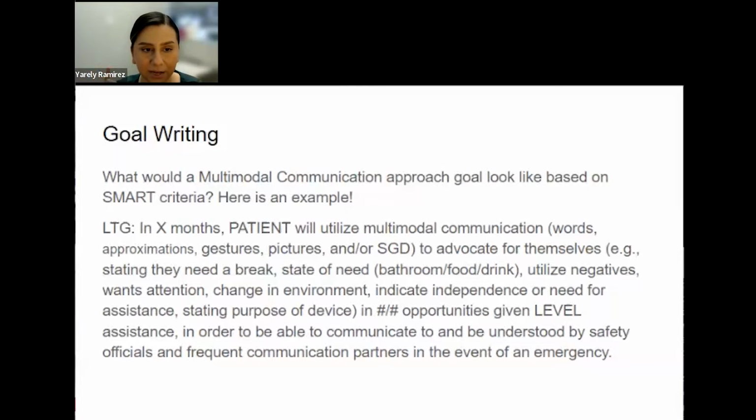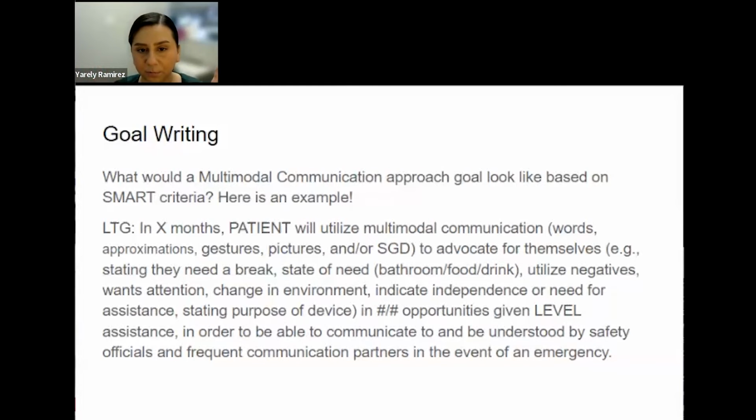So in this goal, we have an X amount of months, the patient will utilize multimodal communication. We set the parameters, so words, approximations, gestures, pictures, and/or a speech generating device to advocate for themselves. So stating they need a break, stating what they need, like a bathroom break or food or drink, protesting, don't want it, seeking attention, changing the environment.